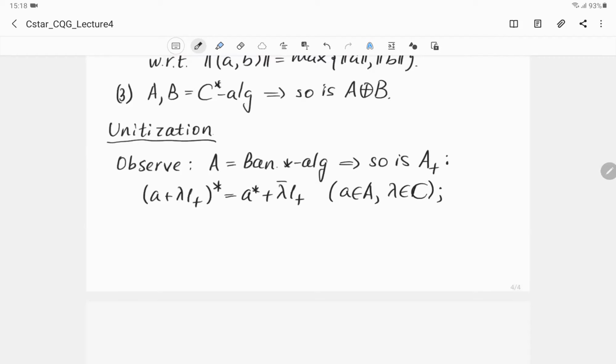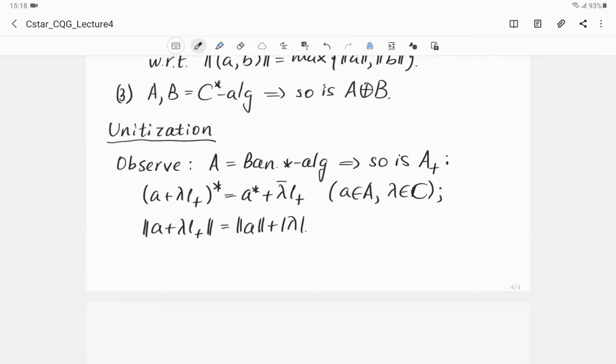And we equip the unitization with the norm, which was discussed in the previous lecture, which is given by the following formula. So the unitization of a Banach star algebra is also a Banach star algebra.